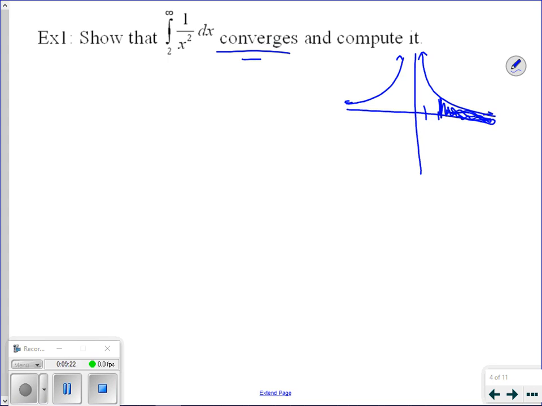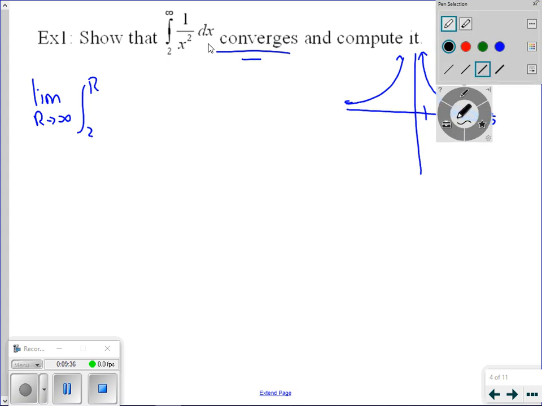Let's start with the setup. We take the limit as r approaches positive infinity, replacing the infinite bound with an r, and then the rest is just integrating. I'm going to write that as x to the negative second, so we're in the right form to integrate.